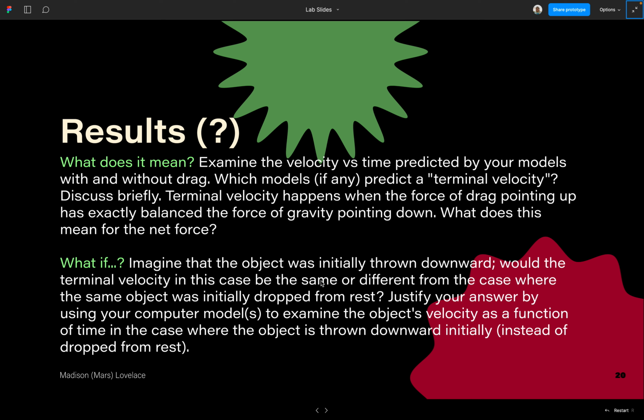If the object was initially thrown downwards or just dropped from rest, like if the initial velocity is 0, it would have traveled very quickly going down and then slowed down, so the exponential graph would be flipped, still in the same quadrant, but just flipped.